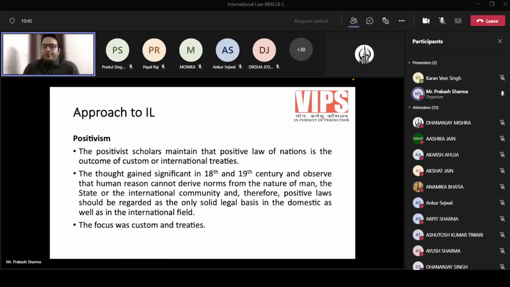Remember, I have referred to you three different phases in which international law developed. The first phase, which lasted till the 12th century, shows greater influence of naturalists. The school that was prevalent is the natural law school.